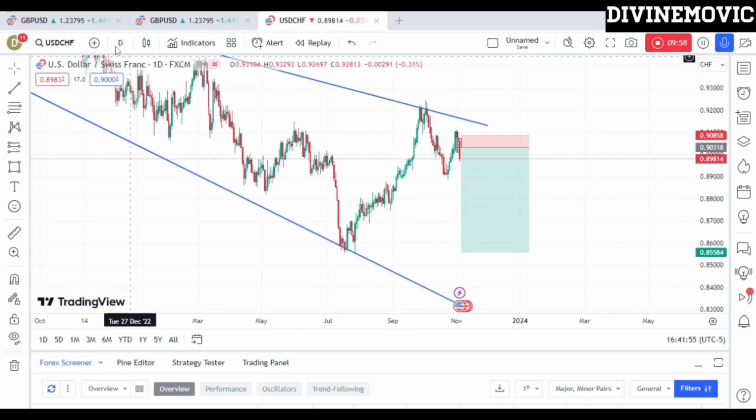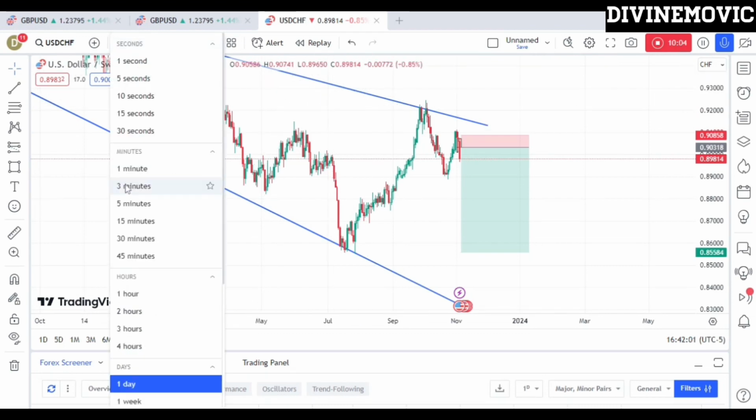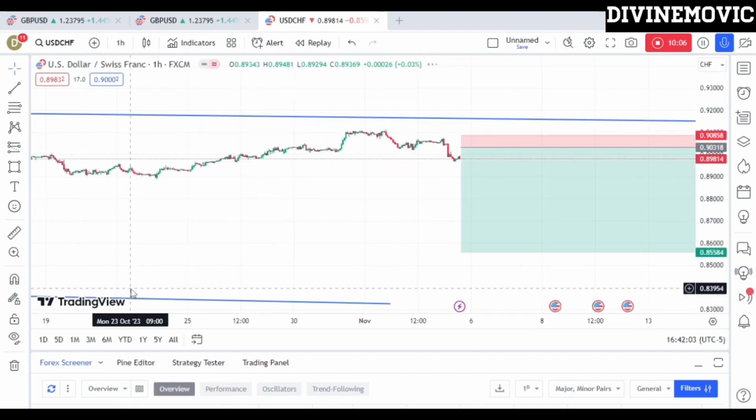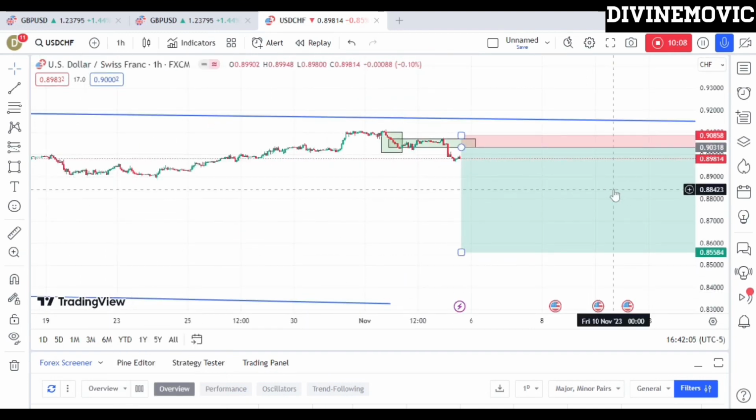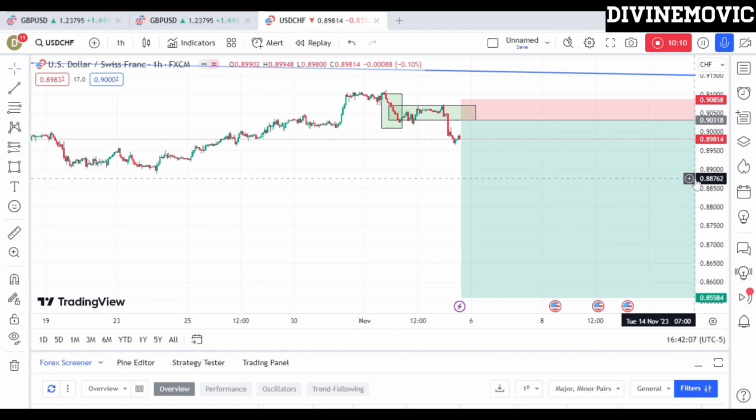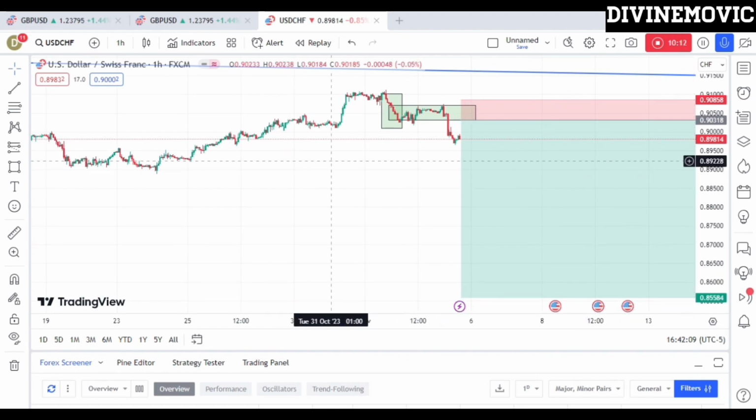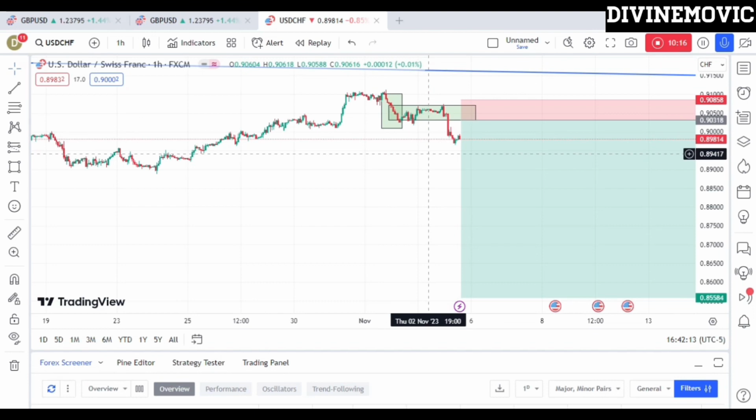Remember, we were first able to identify the trend on the high time frame, seeing that it's a downtrend, and then we went to the 1 hour time frame and identified the various types of supply zone because we're in a downtrend. At first, we identified a rally base drop, which shows a reversal pattern.